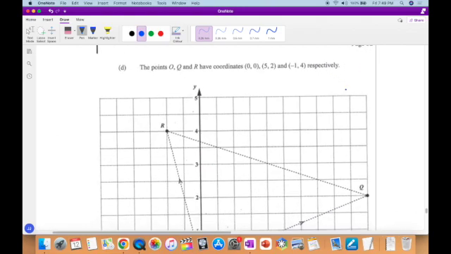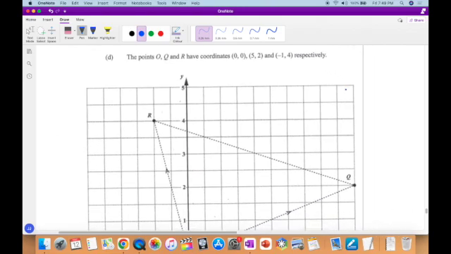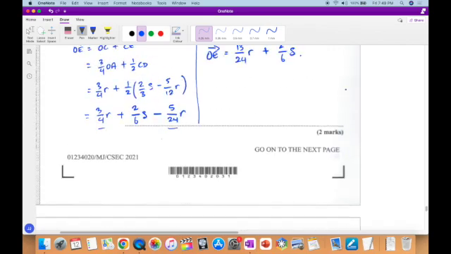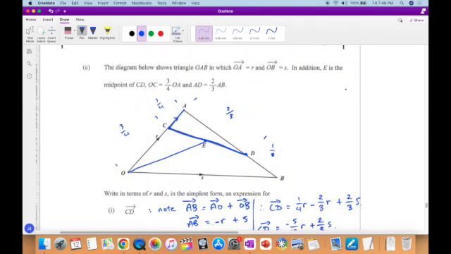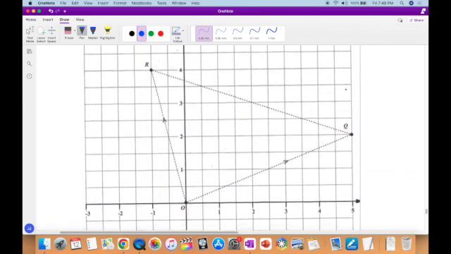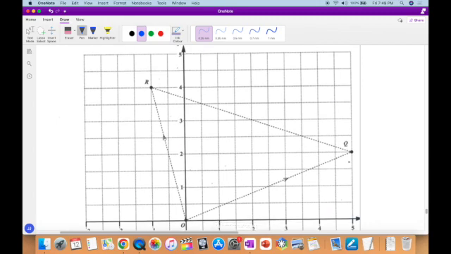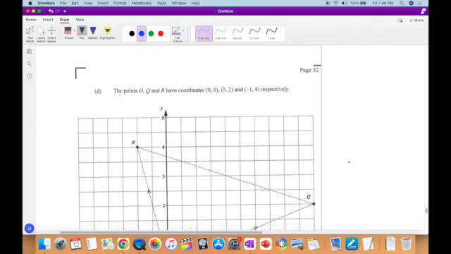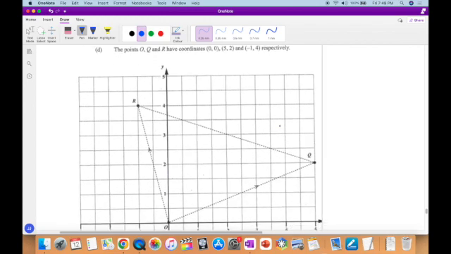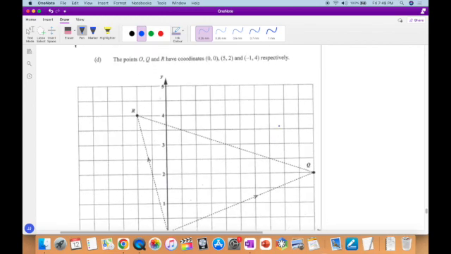The points O, Q, and R have coordinates that. Is this pertaining to the same thing? No, it's a different thing. Alright, so O, Q, and R, this looks like a position vectors question. O is there, and this is respectively. So Q is going to be 5, 2 on this side.